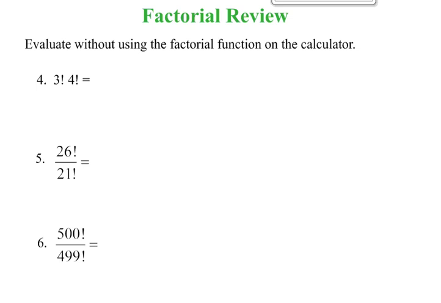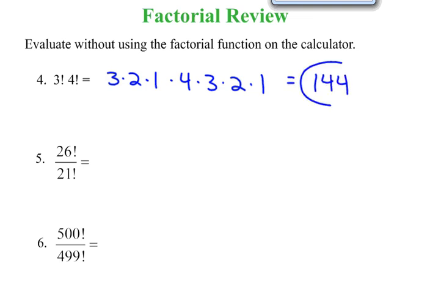Now, we can do this on a calculator, but we need to know what it means. 3 factorial is 3 times 2 times 1 times 4 factorial, which is 4 times 3 times 2 times 1. So you could just multiply these numbers out, or you could grab your calculator and type in 3 factorial times 4 factorial and get the same answer. It equals 144.